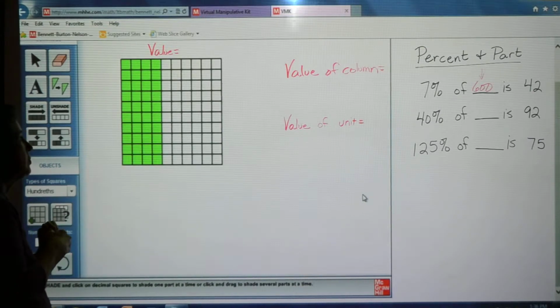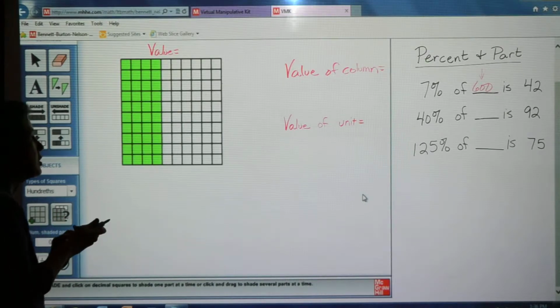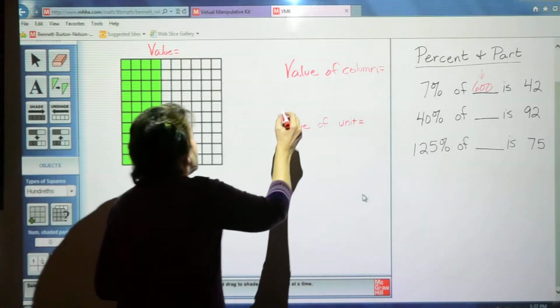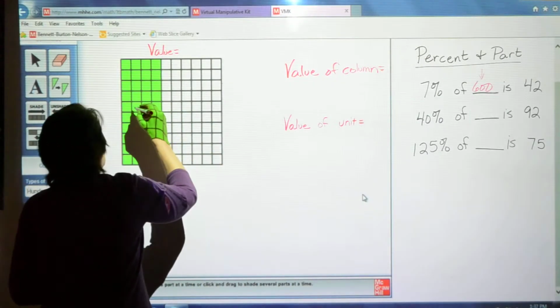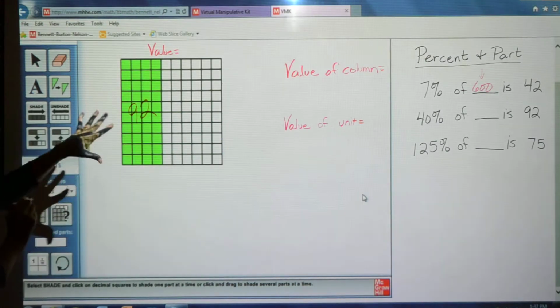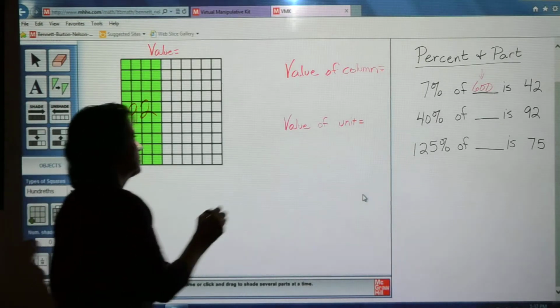This is where we can do both of them. We'll do both so that whichever one seems more comfortable to you, makes the most sense to you, you can do. In either case, this whole green shaded thing is worth 92. So I have to figure out how much each one is worth.